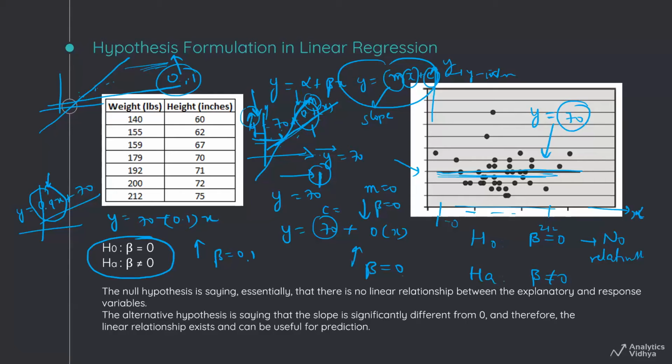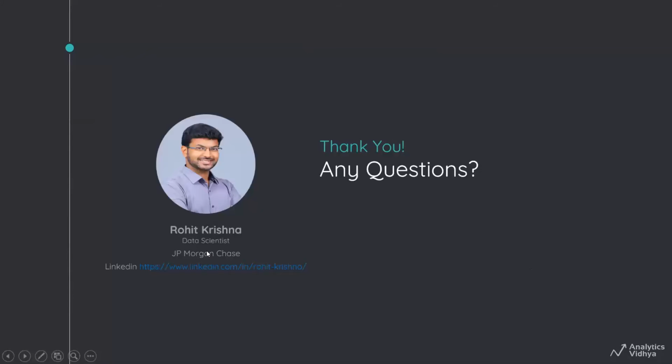So summing up, what we have done: we have seen what is population, what is sample, how we sample data, and why it is important to collect samples which are a good representative of all the subcategories in the population.